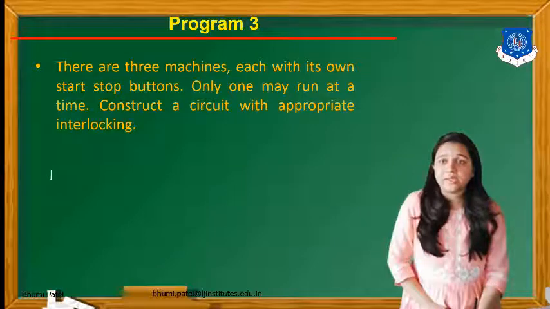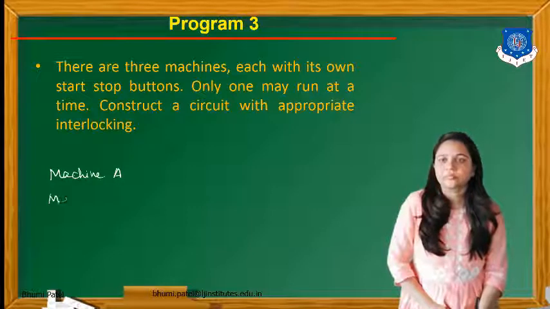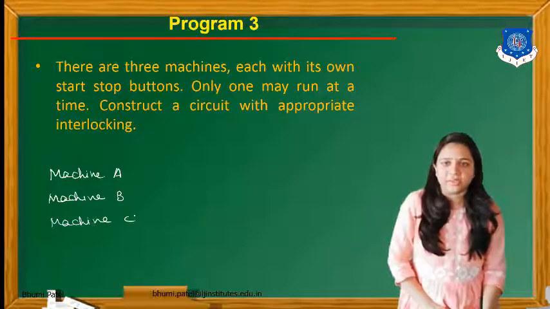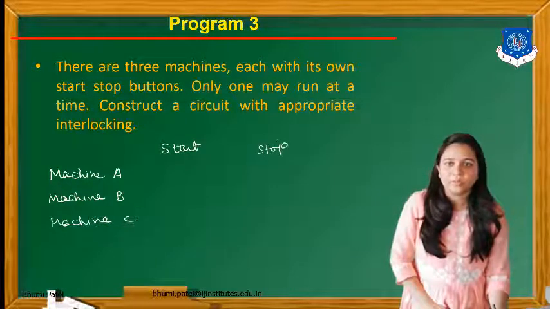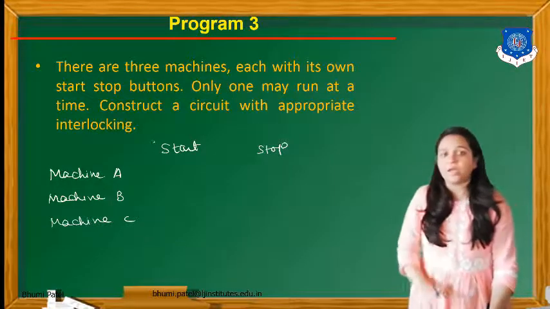The machine names are machine A, machine B and machine C. Now machine A has a start button and a stop button. Here they ask for each with its own start and stop button.